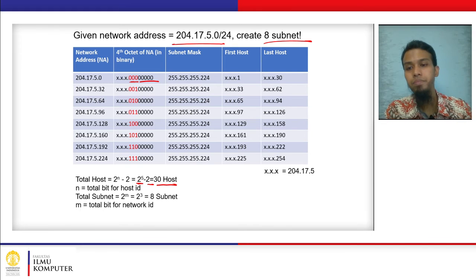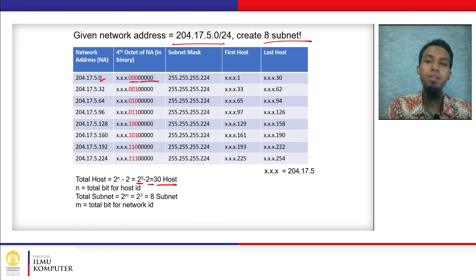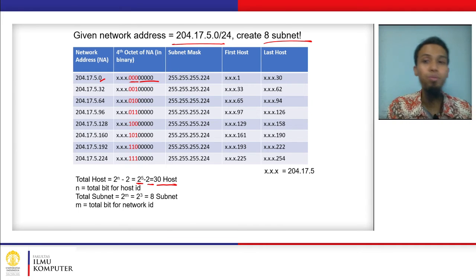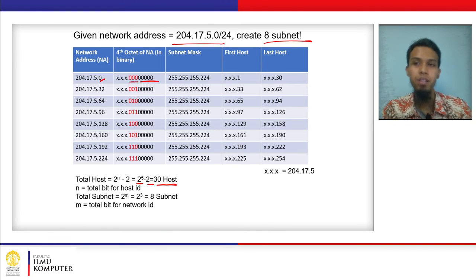Now, I think the easiest way to allocate the IP addresses is to start from 0. Since 5 bits are used for the host, we just add 32 each time.